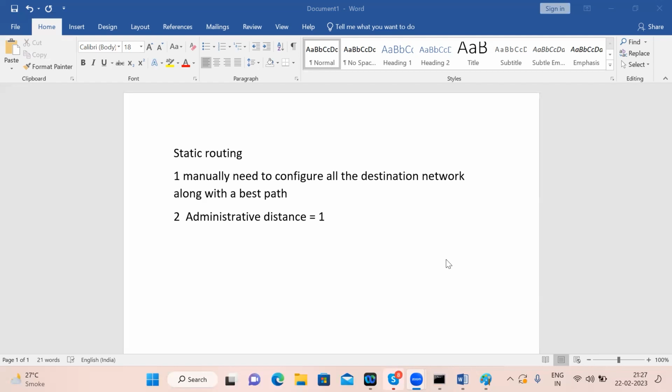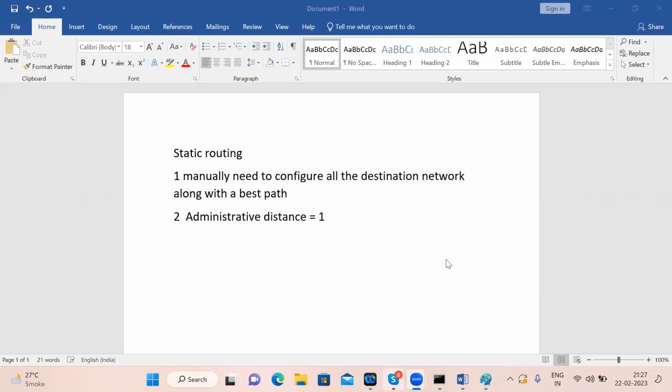And the AD value is used to rate the trustworthiness of the routing information received from your neighbor router. Administrative distance rates how much trust you give to your routing protocol. It depends on the administrative distance value, which is in integer, numeric form. The lowest the administrative distance, the highest the priority.